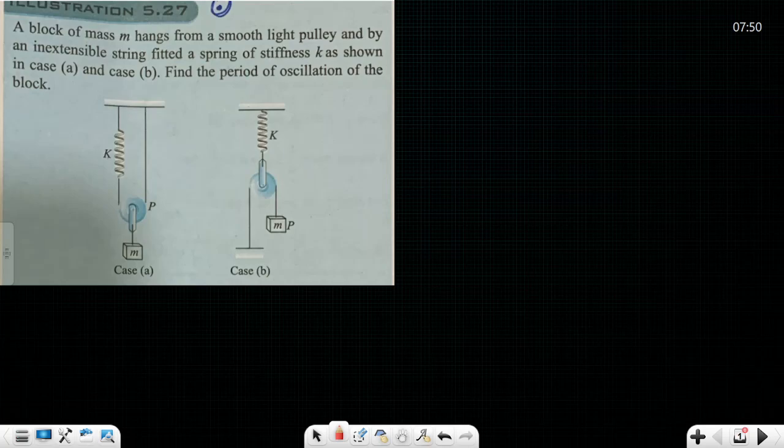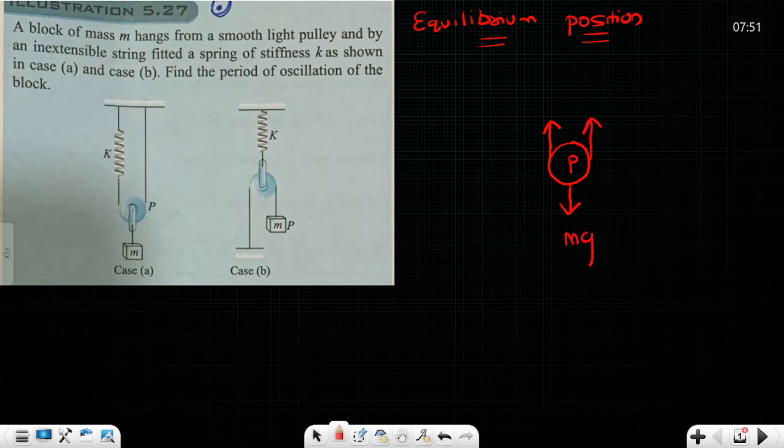Now, the main thing you have to understand is the equilibrium position. I am only talking about case A, Arjit. In equilibrium position, what all forces are acting? If you see case A, there is pulley P. On this side the spring is attached and on this side only thread is there, and down there is mg.